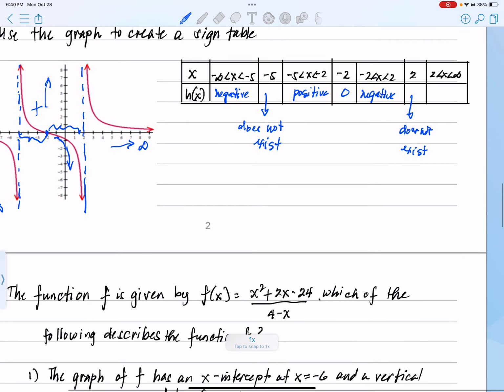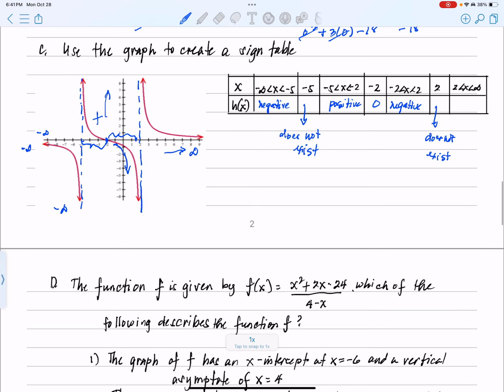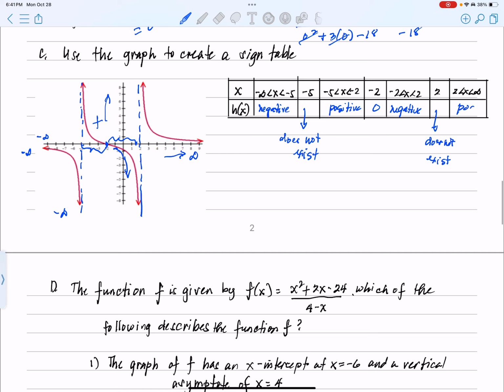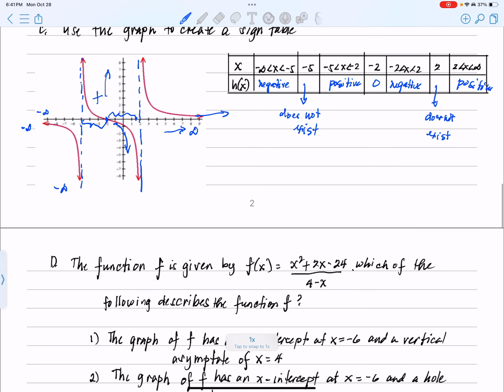From 2 to infinity, we have a positive, going to the positive infinity. The curve is above, so it's positive. All right, I think that's it.